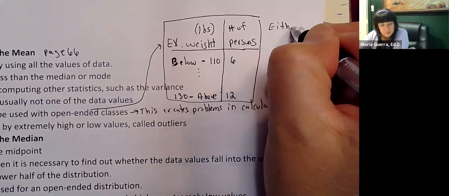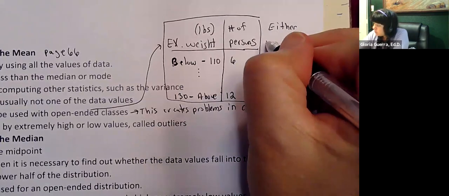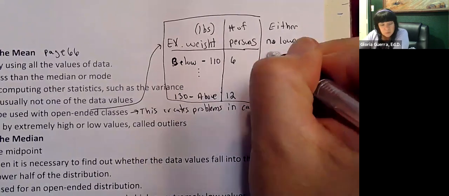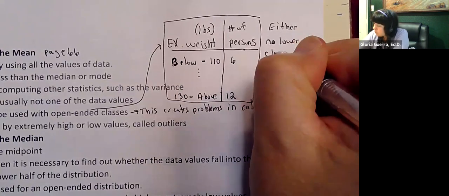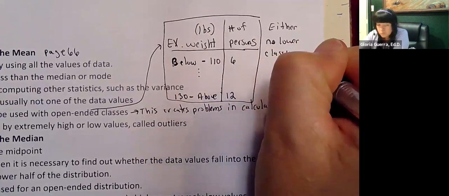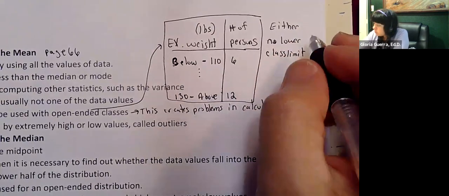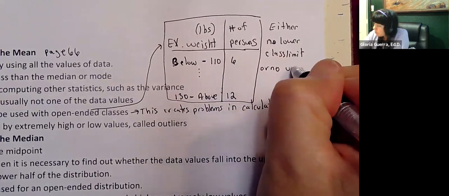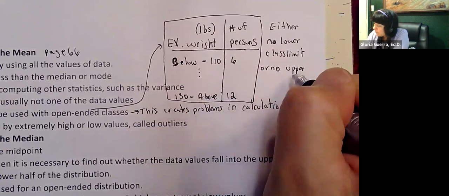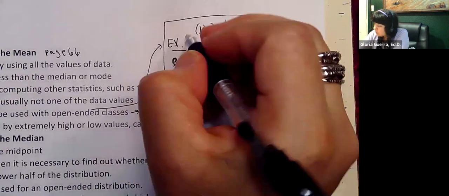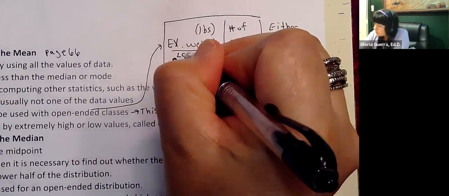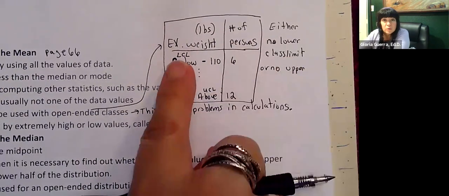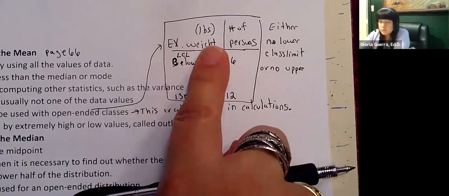In this example, the way it's given, this is the lower class limit and this is the upper class limit, right? So these are all the lowers and these are all the uppers.